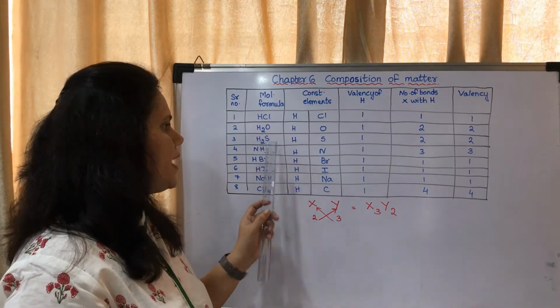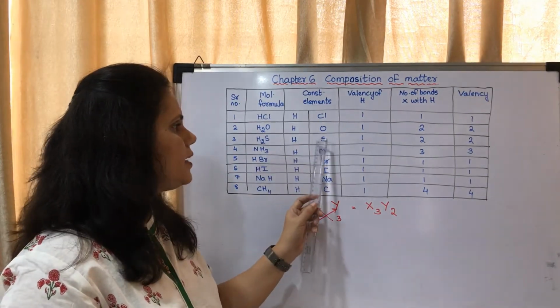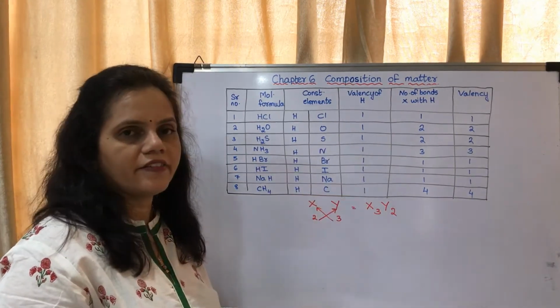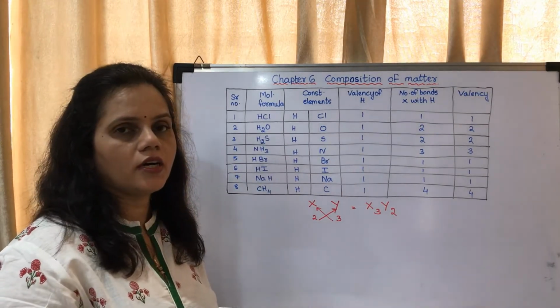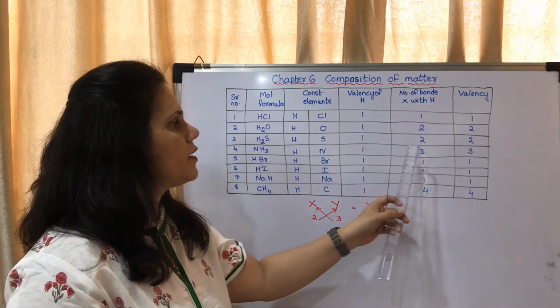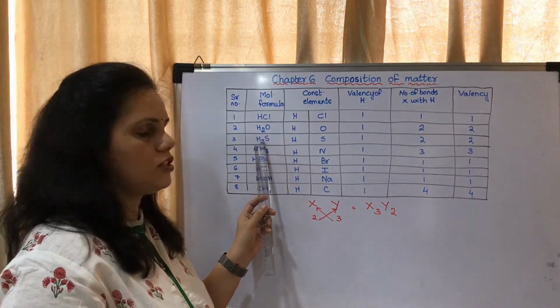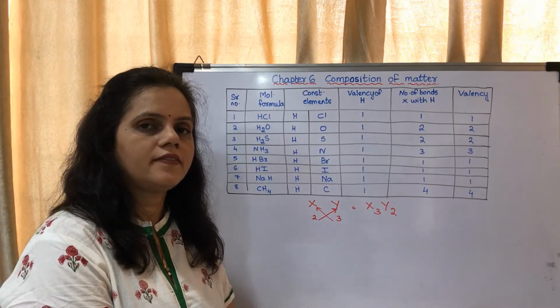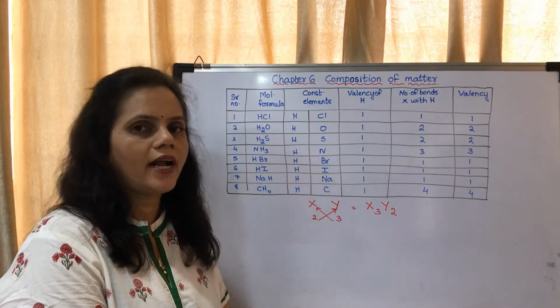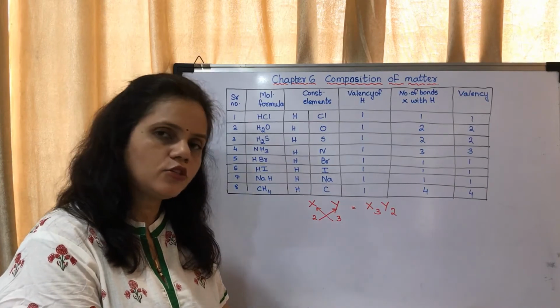Okay, H2S, H and S. What is the valency of hydrogen? It is 1. How many bonds of sulfur with hydrogen? There are 2 atoms of hydrogen. That means there are 2 bonds.